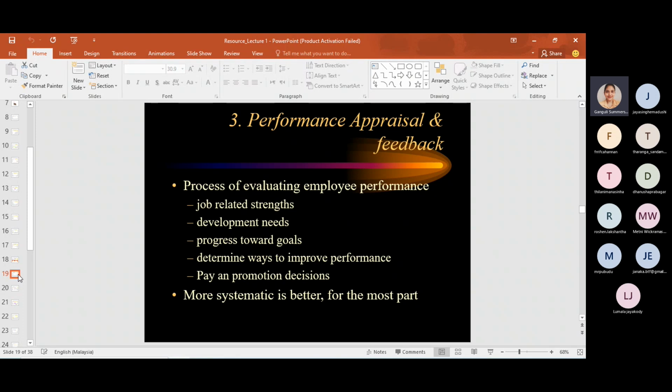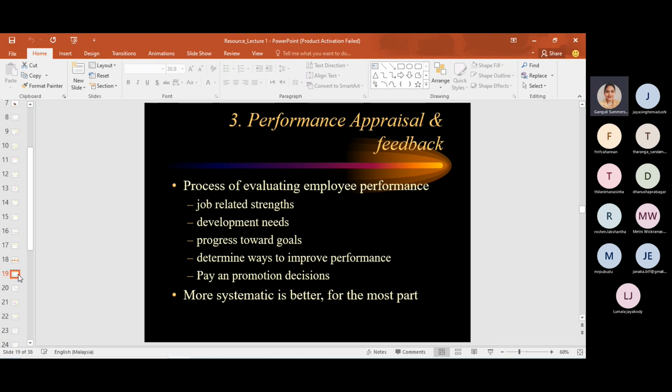Okay, so now we are going to the third HRM component, performance appraisal and feedback. In performance appraisal, as we discussed earlier, your managers evaluate your performance and they give their feedback.